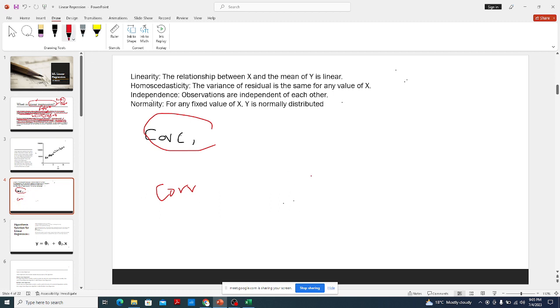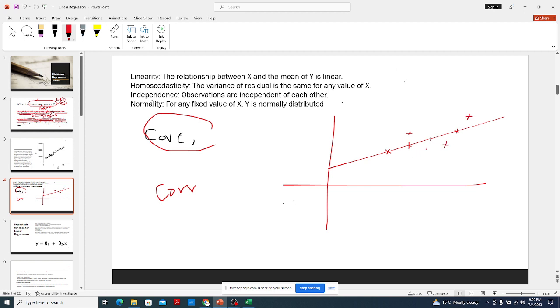Let's assume we have this kind of graph. We have our data points here. Let me just draw a line of best fit. So we have some data points which are on the line, and also some other data points which are outside the straight line.